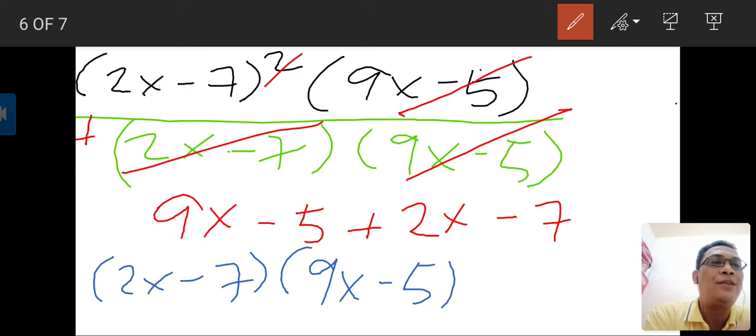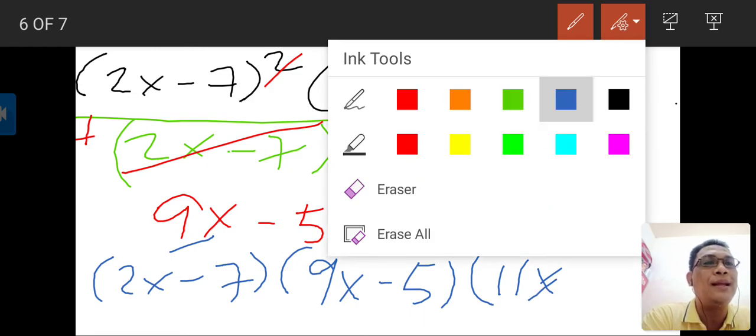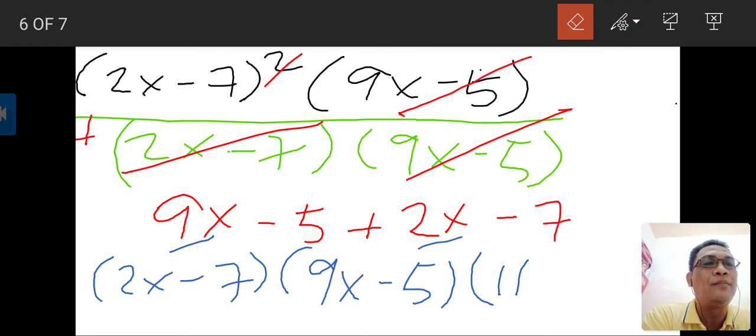So, the other factor to complete our factor form is to combine the similar terms. So, we have here 9x and 2x. 9 plus 2 will be 11x.